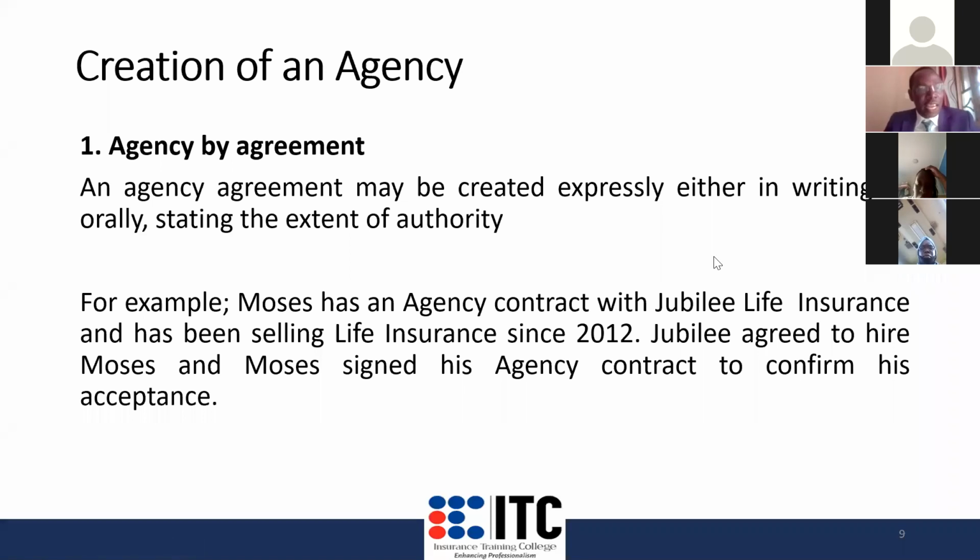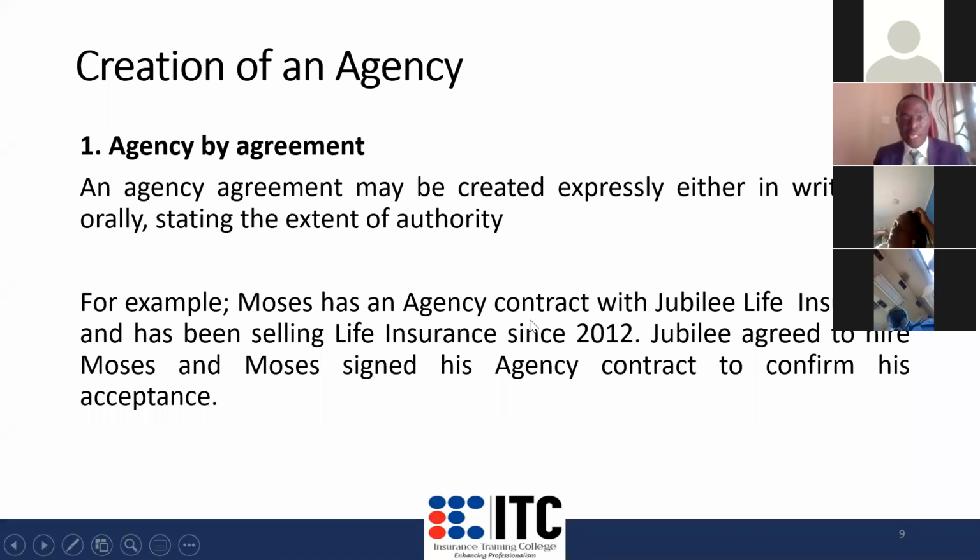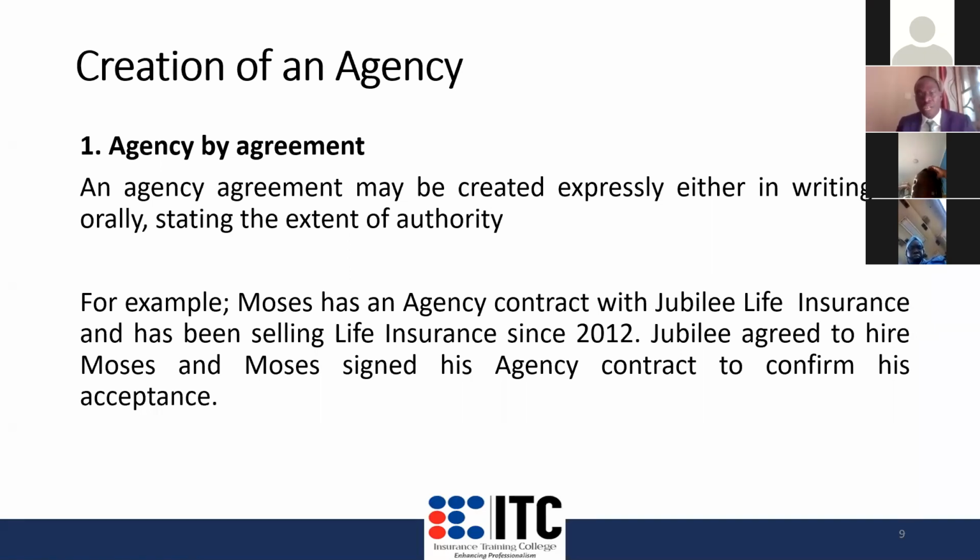In another sector like real estate, there are brokers and agents who sell land, but when you ask them, they have never owned a written contract. But in most cases they agree orally and a contract is formed. I've given you an example of Moses, who has an agent's contract with Jubilee and has been selling since 2012. They agreed to hire Moses and signed an agent's contract.